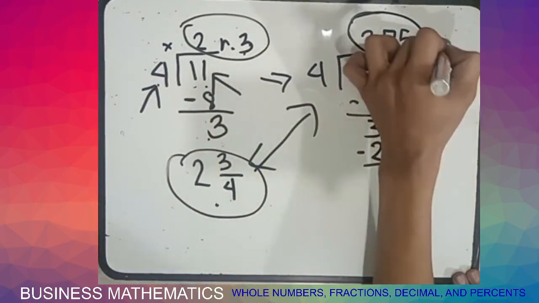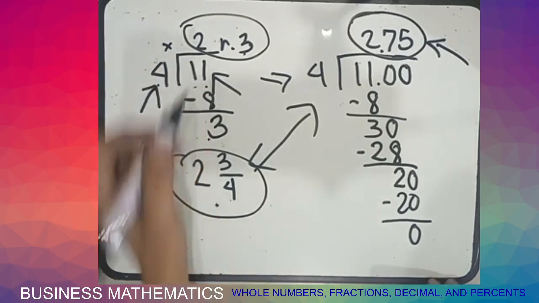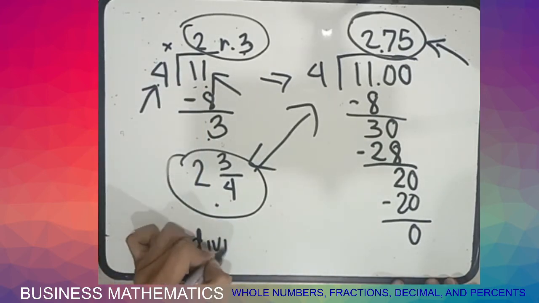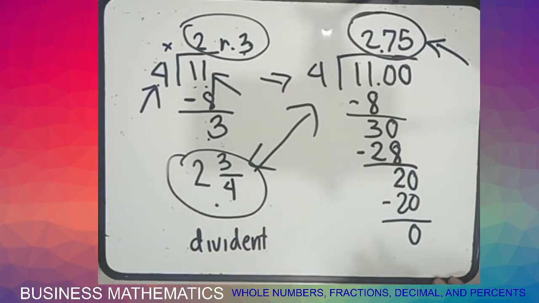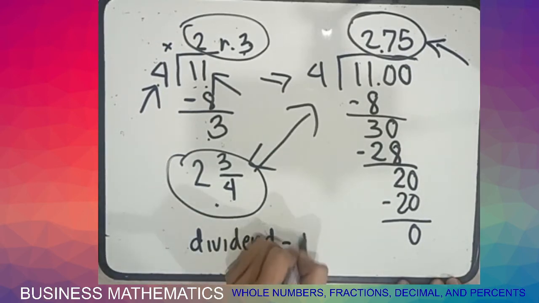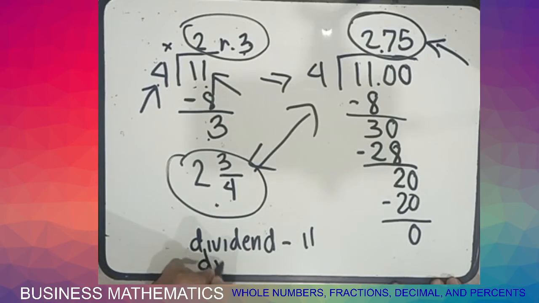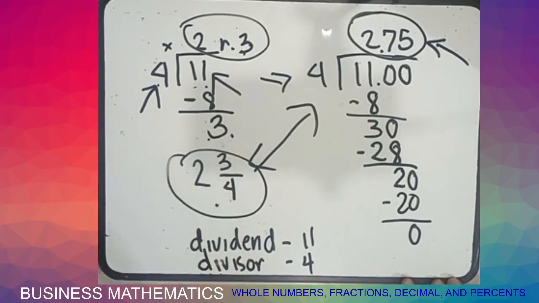Tsaka yung nasa taas. Anong tawag? Okay. So, si 11, si dividend. Okay, dividend, yung 11. Then the other one is divisor, yung 4. Siyempre, yung 3, remainder yun.